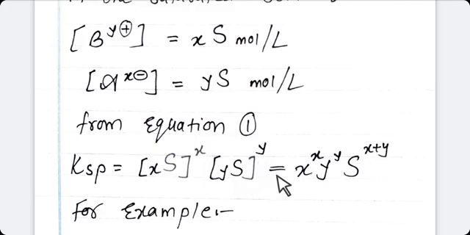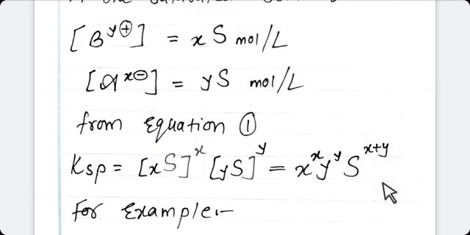When we solve these two brackets, we get x raised to x, y raised to y, and S is common, and the powers add up, x plus y.